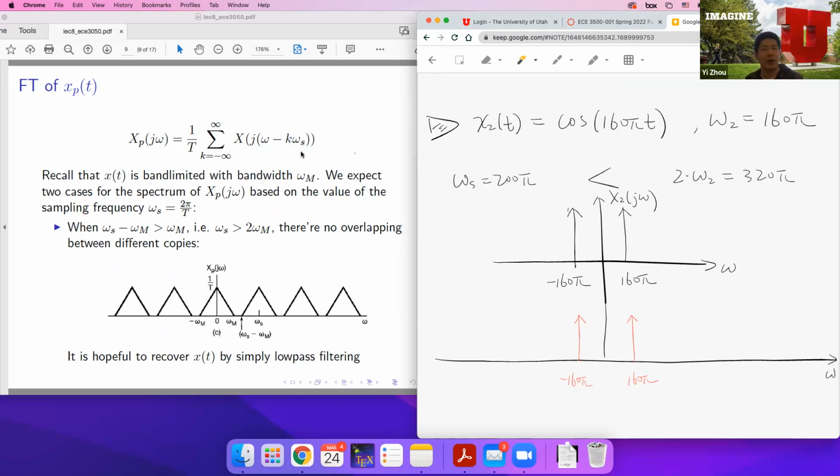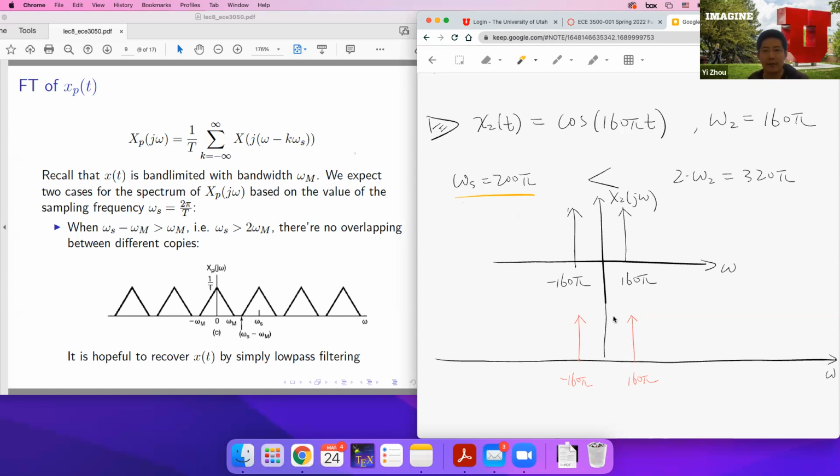Omega s is 200 pi. So it's shifting these two arrows to the right by 200 pi. So this one, 200 pi, goes to 360 pi. And this one plus 200 pi goes to 40 pi. But 40 pi is to the left of this arrow.